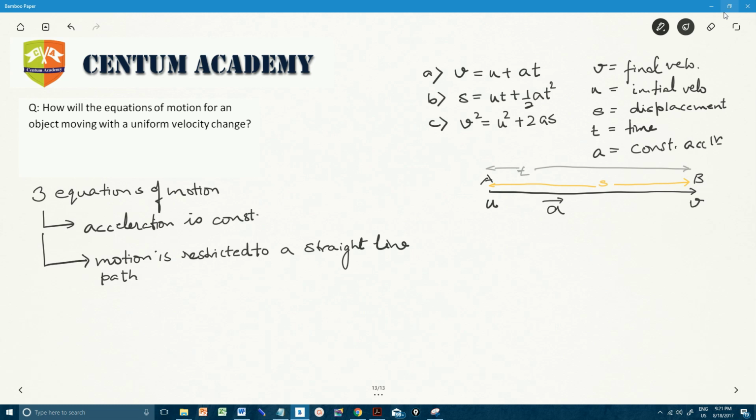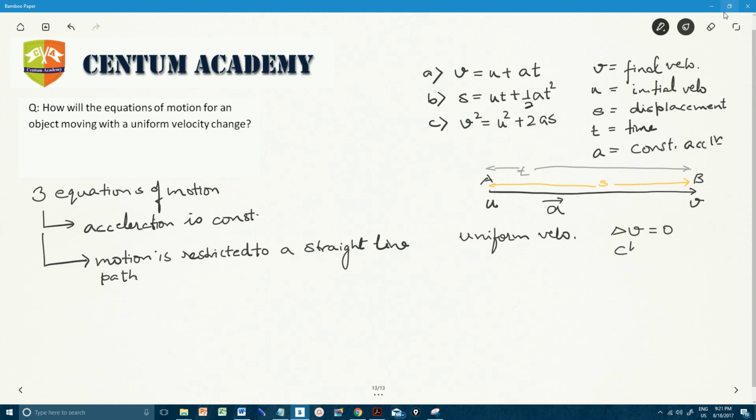Now the question says, how will these equations change if the body is moving with uniform velocity? What is the condition of uniform velocity? Uniform velocity means velocity doesn't change with time. So if velocity doesn't change with time, delta v is 0.